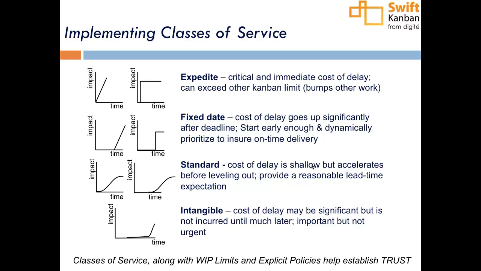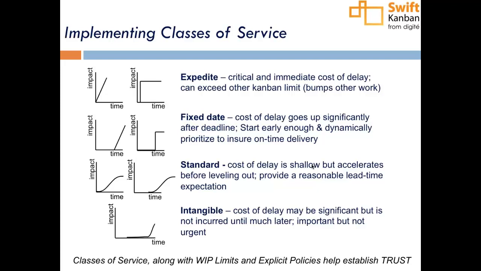Now the fixed date, how to handle fixed date delivery. Normally, the way you want to deal with it is you start with fixed date delivery cards as if they were standard cards. Then, as they progress, if you use the metrics and figure out that the possible delivery date of this fixed date card, given standard lead time or cycle time, is hitting the deadline or going past it, then you want to start prioritizing it higher and catch up.